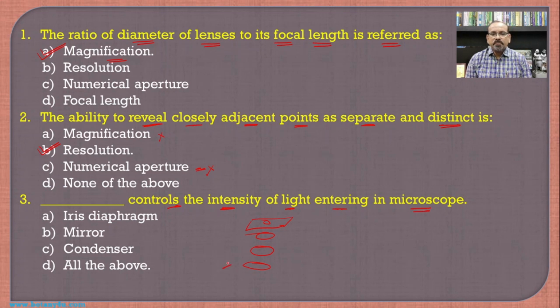From the mirror there is illumination of the light, or the light is irradiated, and later this light can be adjusted with the help of the diaphragm, and then the condenser is responsible to collect or gather this light to pass through the material which is to be observed. And hence all these three are used for the control of intensity of light entering the microscope, and hence all of the above becomes the answer for this question.